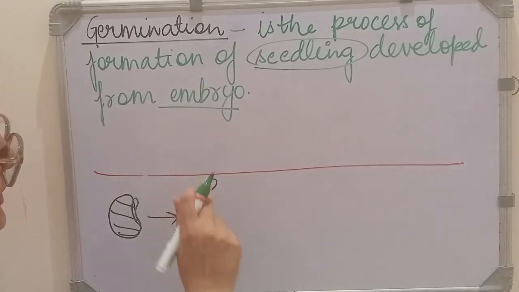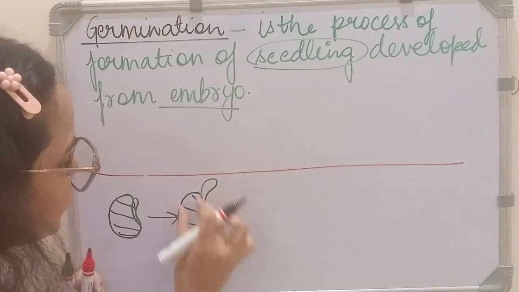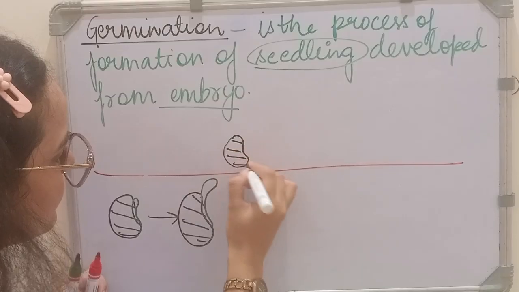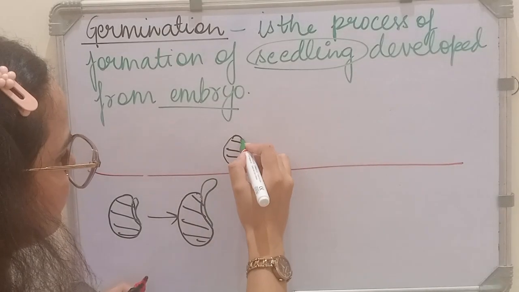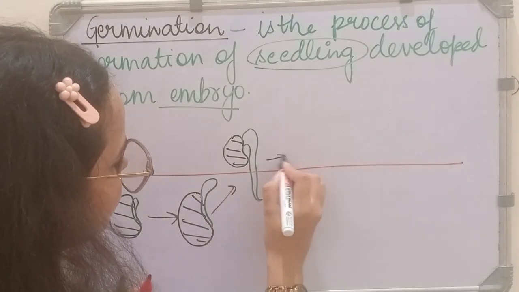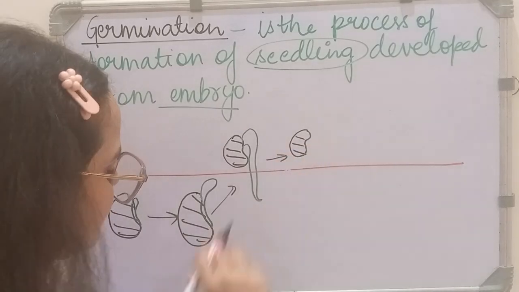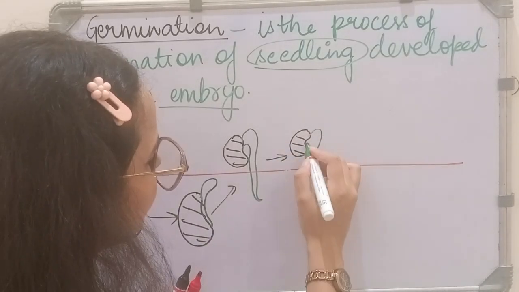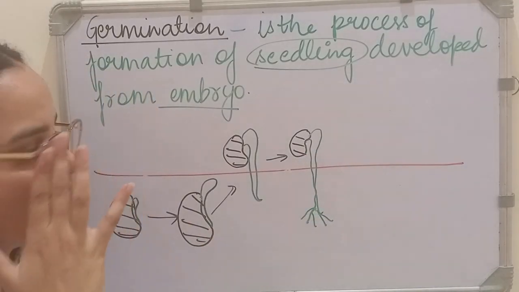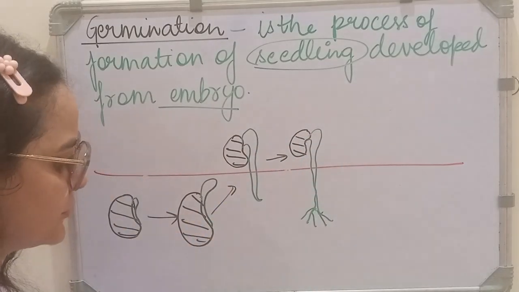Then this embryo forms the root, and the seed also comes out of the soil. See, this is how it grows. It will form the root, and later on this embryo forms the shoot. The plumule part forms the shoot.